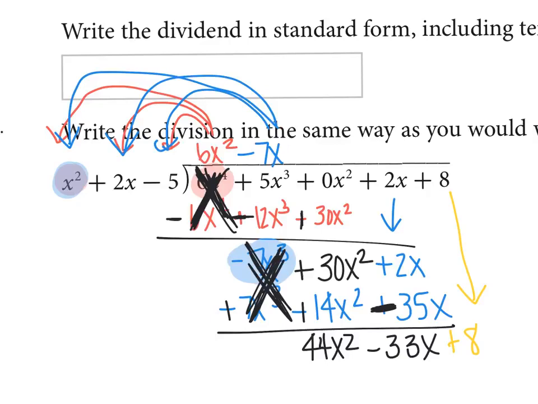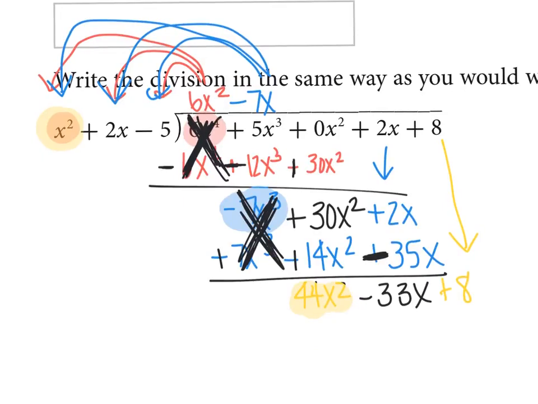And now I need to figure out how many times x squared goes into 44x squared. 44 times. So it's going to be plus 44. So 44 times x squared is 44x squared. 44 times 2x, 88x.